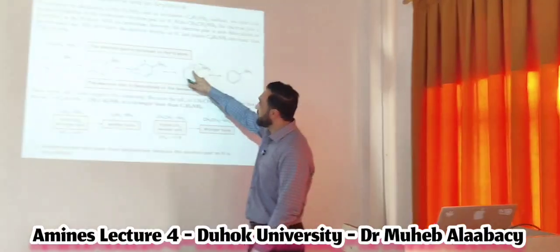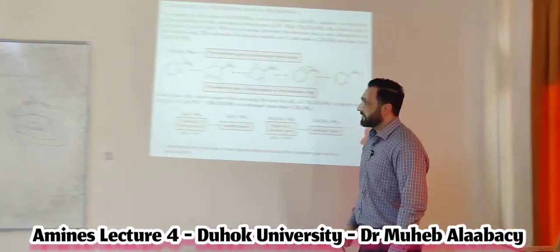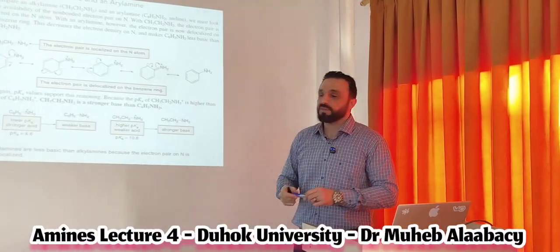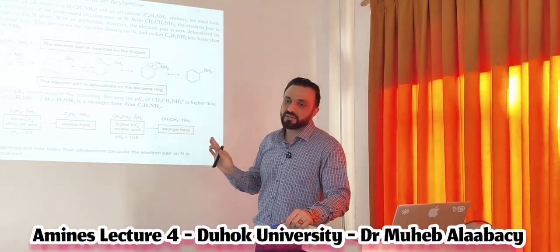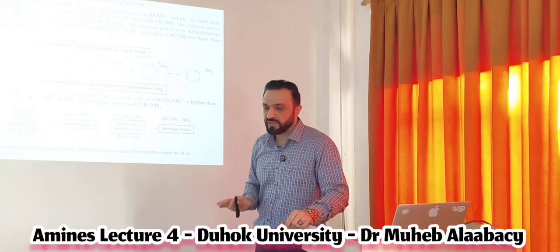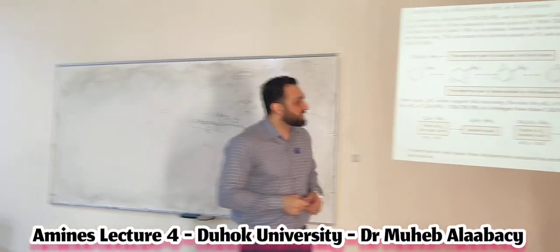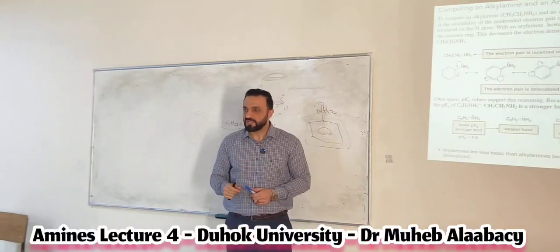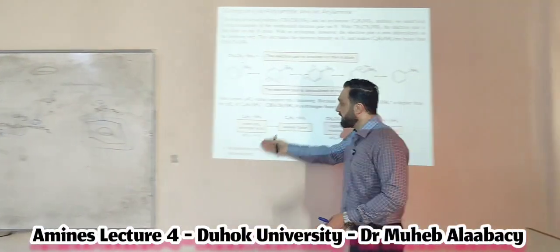Finally, this makes a pi bond and returns to the first structure. So is the lone pair localized on the nitrogen or delocalized? It is delocalized over the benzene ring. For this reason, it gives low basicity compared with the aliphatic amine.